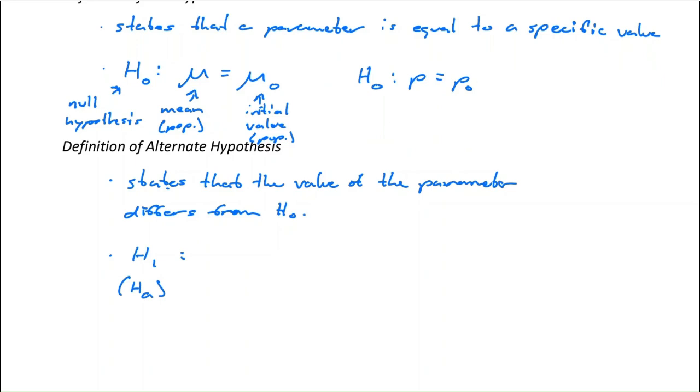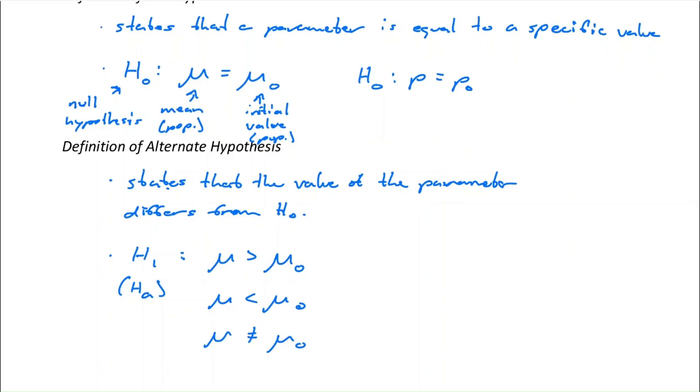And in this case, then the alternative says that the actual mean is maybe greater than the initially believed value, that the mean is less than the initially believed value, or that it just simply is different from the initial value.